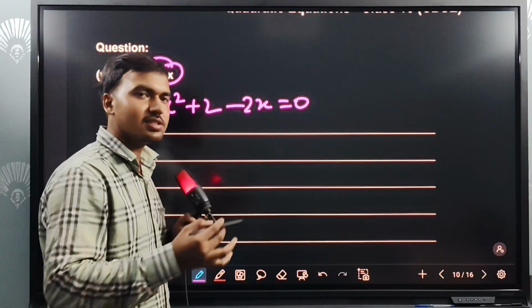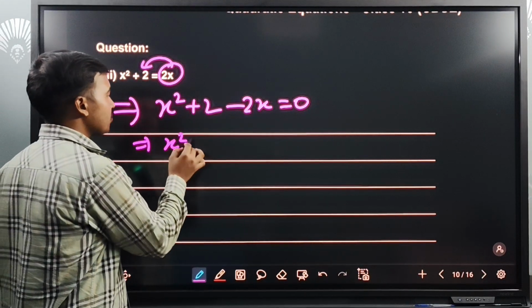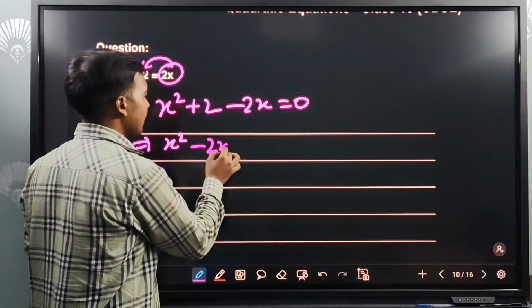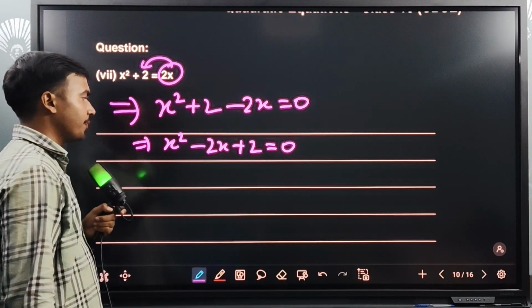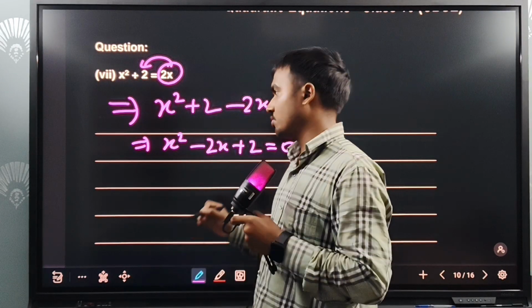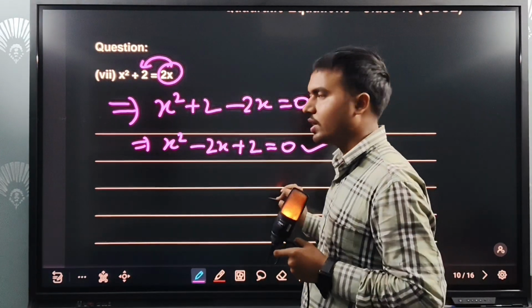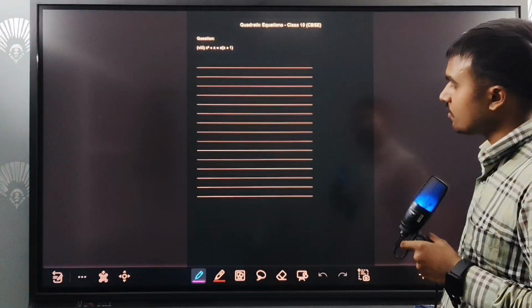Now arrange it in the systematic manner of decreasing power. So you will get x square minus 2x plus 2 is equal to 0. Since it is of the form ax square plus bx plus c, it is a quadratic equation. Here you will write these lines. Okay, moving towards the next question.